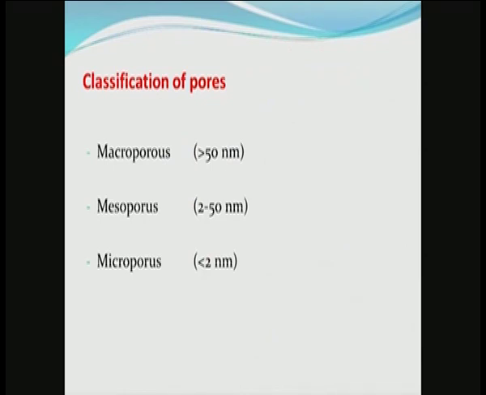There is a classification of pores that we need to note. If the pore size is greater than 50 nanometers, we call the material macroporous. If the pores on the average are between 2 and 50 nanometers, they are mesoporous, and if the pore size is smaller than 2 nanometers, they are classified as microporous.